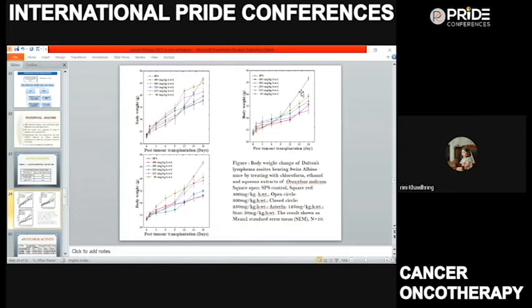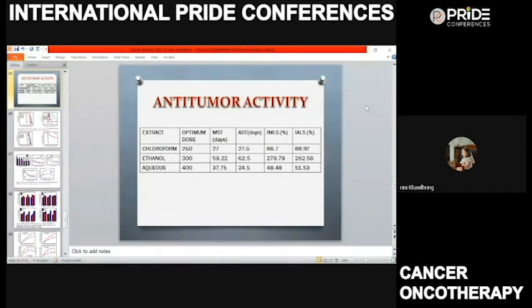You can see here the black one is the untreated one, which is the negative control, and there was increase in weight in those mice because of the development of the tumor. And these are the optimum doses obtained for the different extracts, and the best dose for each of the different extract.